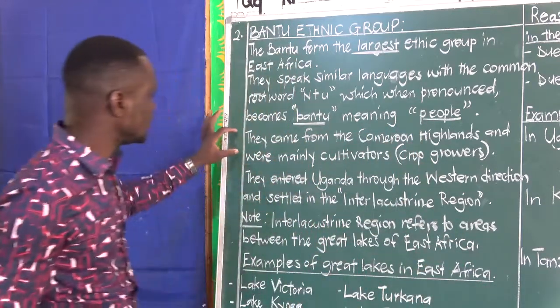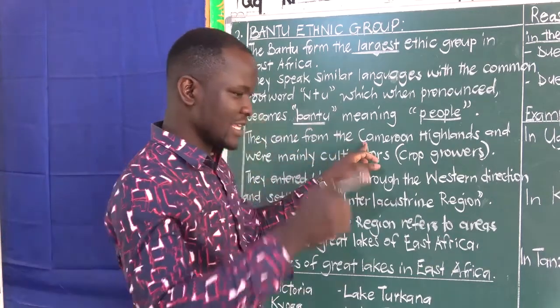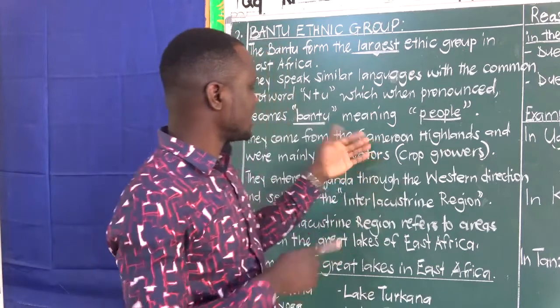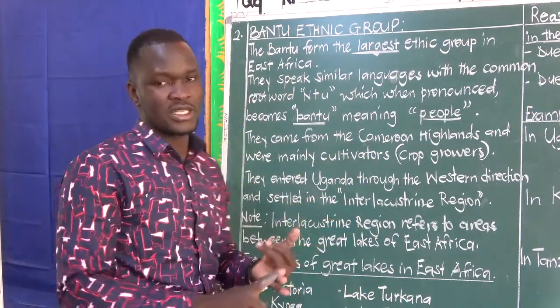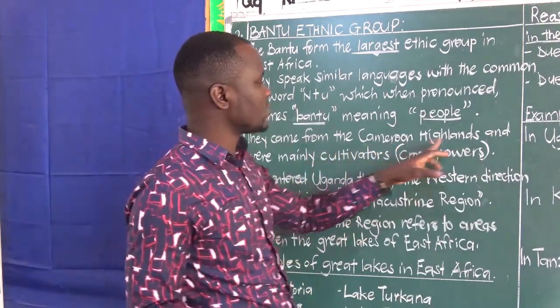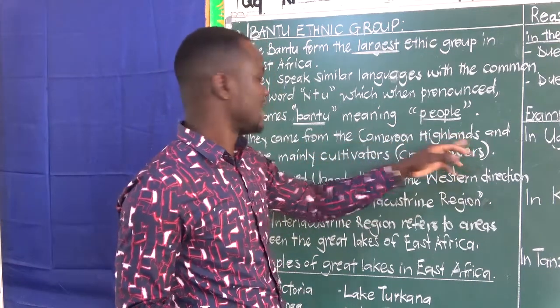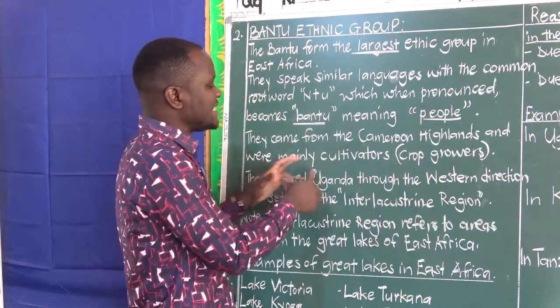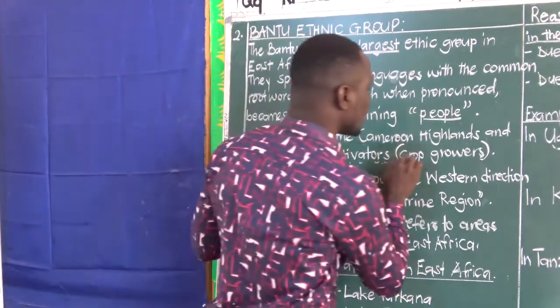So we continue. Just like I say, we need to understand the cradle land, their major occupation, and direction of entry. The cradle land was the Cameroon Highlands. They came from the Cameroon Highlands and they were mainly cultivators, which means they were mainly crop growers.